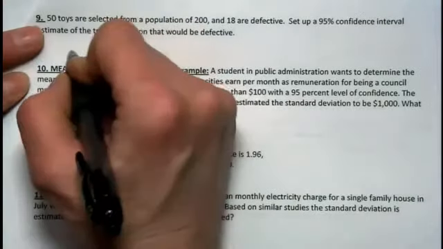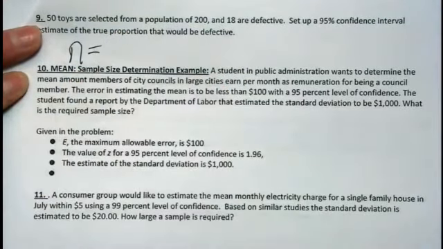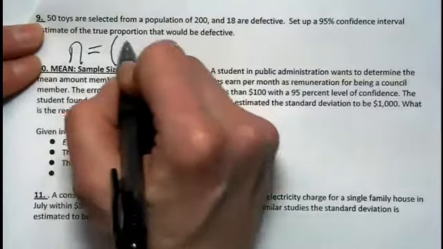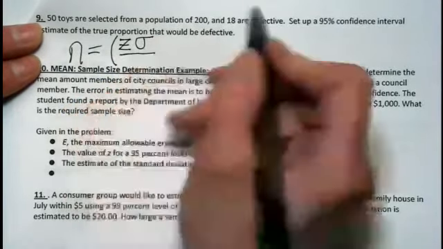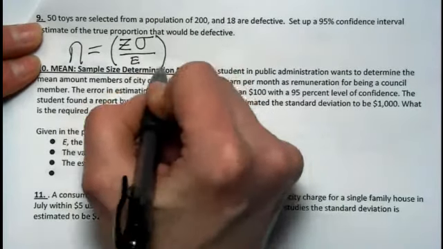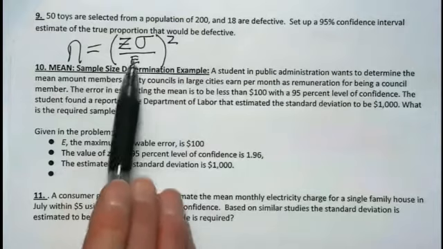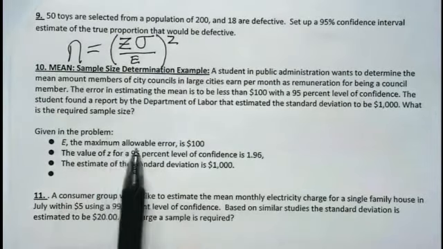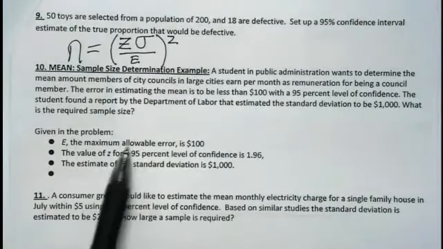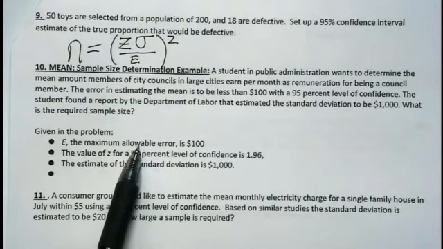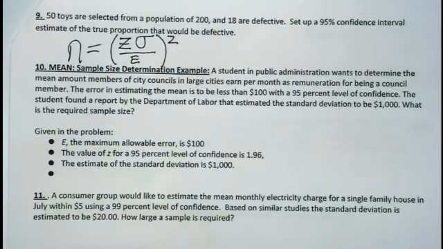Sample size means N. If I ask for the sample size, you're looking for N. There's one formula where you have Z times the standard deviation, population or sample, divided by E, squared. We have a new variable here, E. It's the maximum amount of allowable error. The E will be denoted by error, or plus or minus $5, or within a number. E is the maximum amount of error.